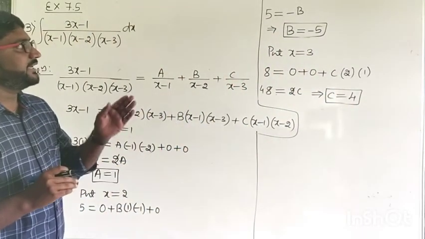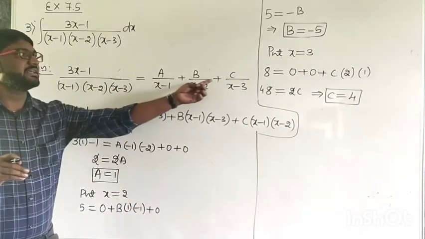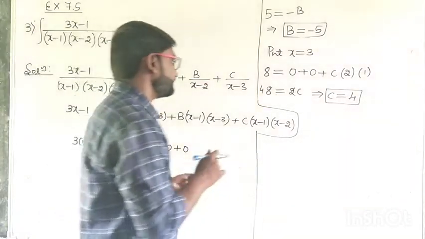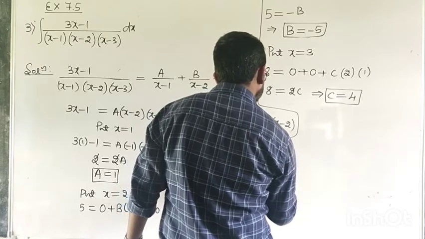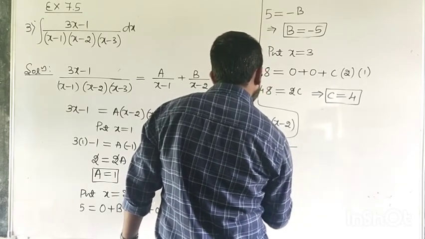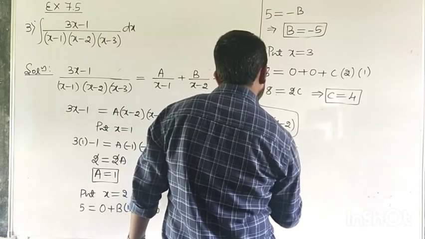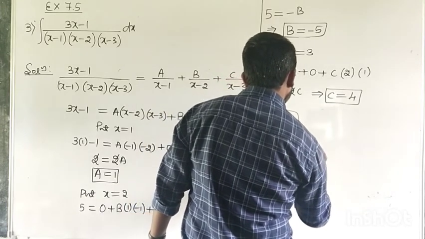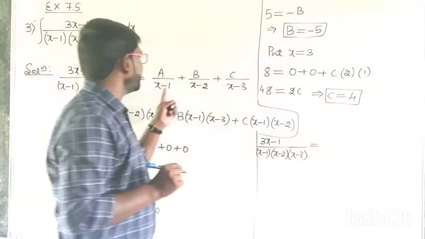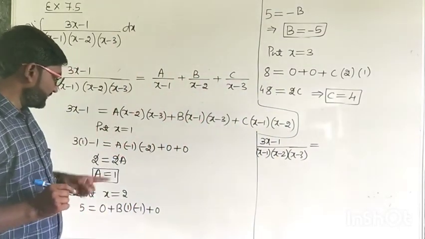Let us substitute a, b, c values in this particular equation. 3x minus 1 divided by x minus 1 into x minus 2 into x minus 3 is equal to a divided by x minus 1. What is the value of a? It is 1.